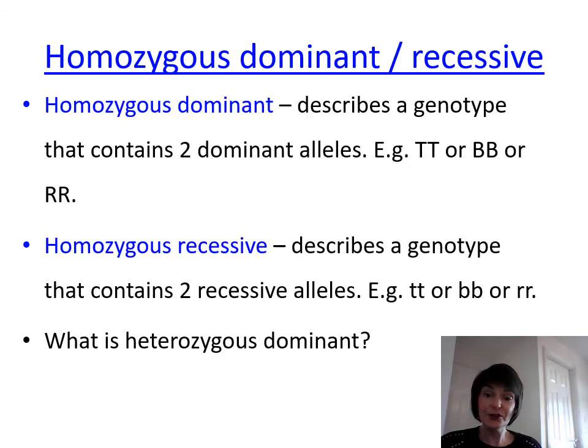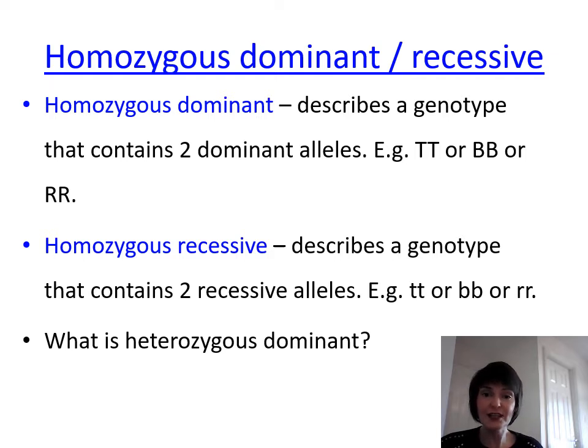So let's have a look at homozygous dominant and also homozygous recessive. Homozygous means that you have two alleles that are the same, and if they are dominant alleles, or two capital letters, you're classed as homozygous dominant.